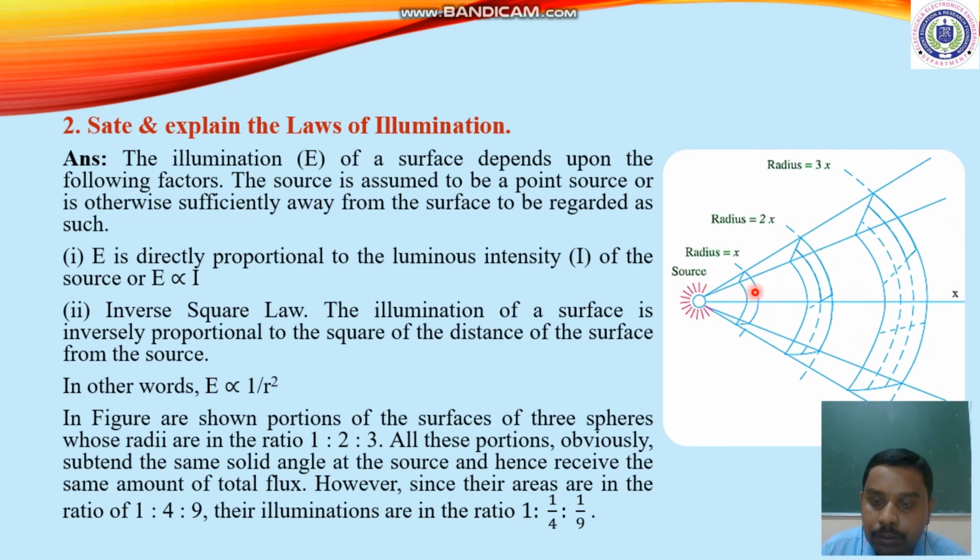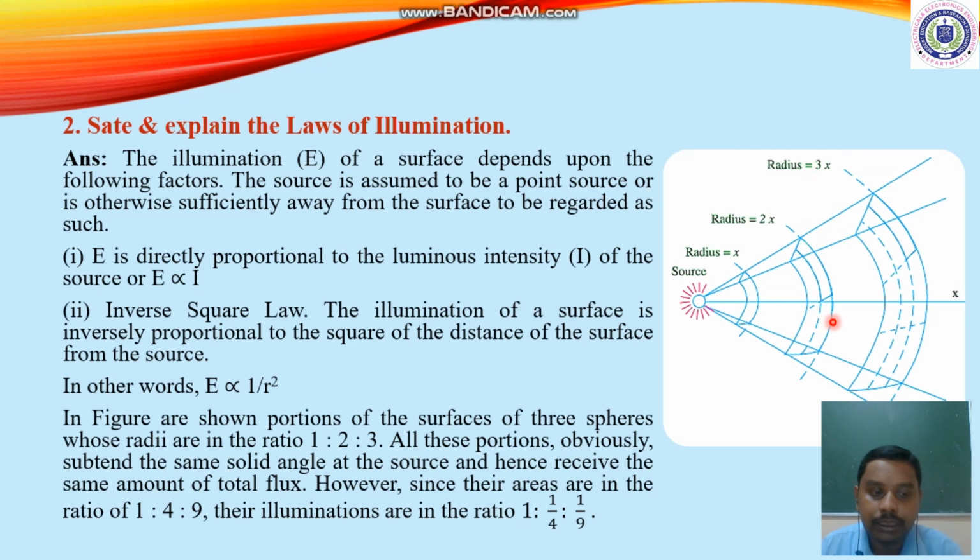The area at distance x is 1 unit, at distance 2x the radius is 2x and the area is 4x square, and at distance 3x the area is 9x square.